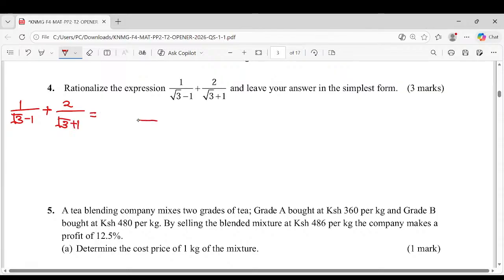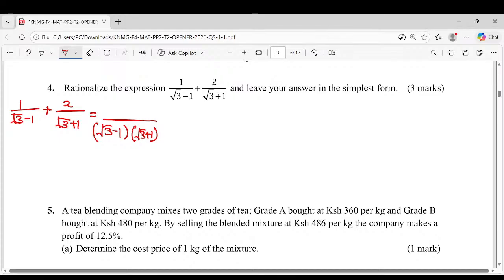First get the LCM of the denominators. The LCM will just be the product of these: root 3 minus 1 multiplied by root 3 plus 1. Take the LCM divided by the denominator of the first fraction.